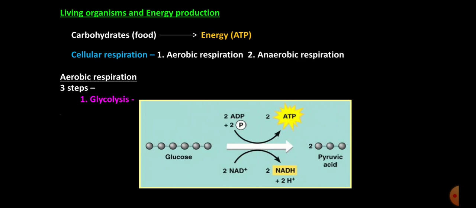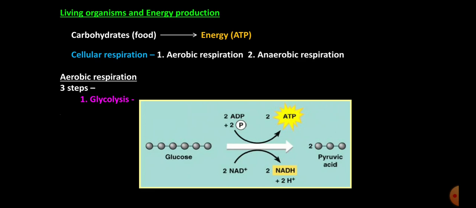Now students, just understand that these 3 processes, glycolysis, TCA cycle and ETC, that is electron transfer chain, all take place one after another. So the product which is formed in the first process is the raw material for the second process. Got it?